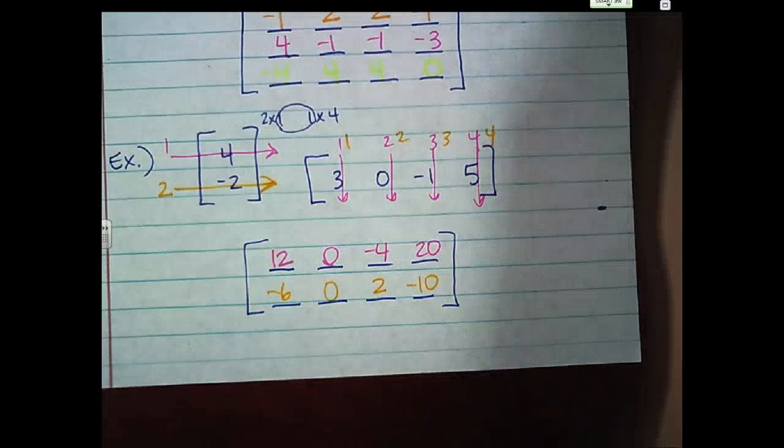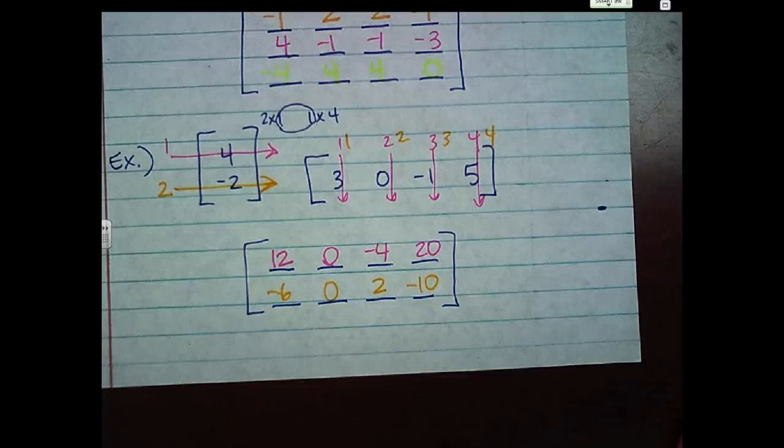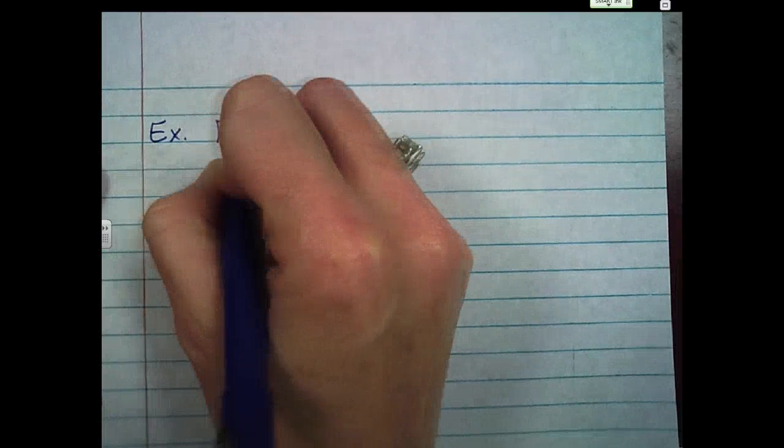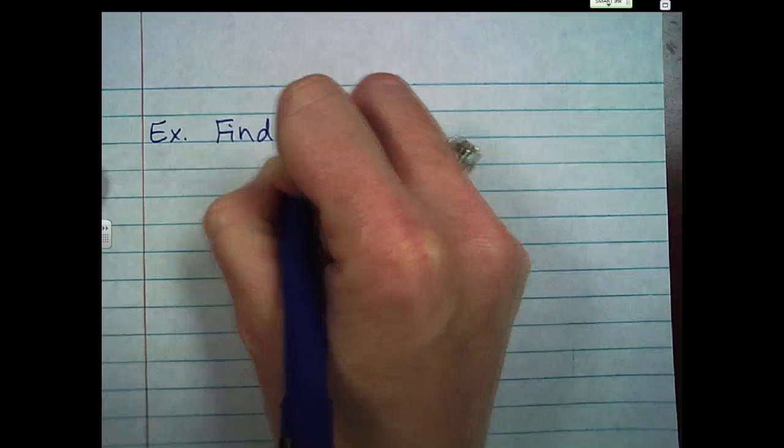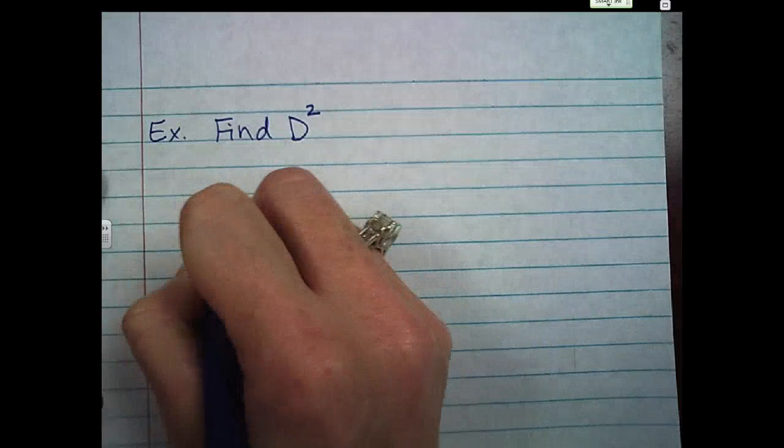Okay, we have one more, just to see how you're doing. The reason is because of the way it's labeled. The directions are actually gonna say find d squared. That's what the directions are gonna actually say, and they're just gonna give you this.